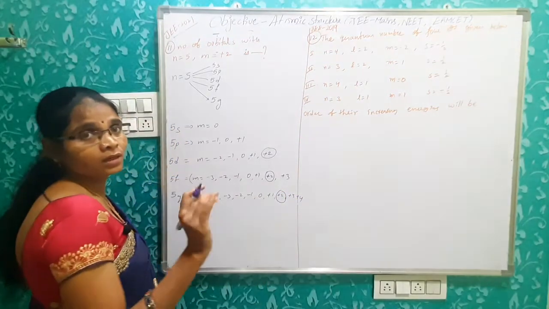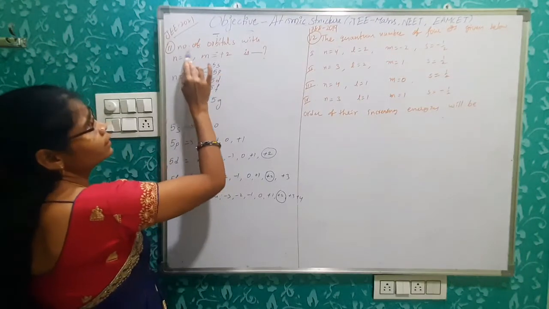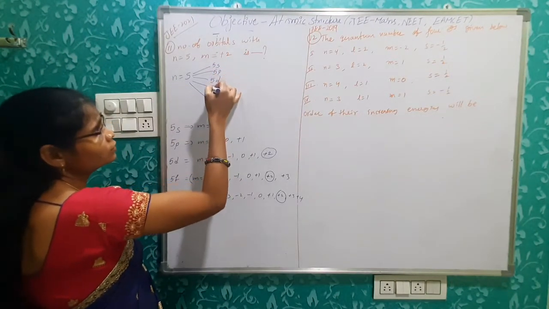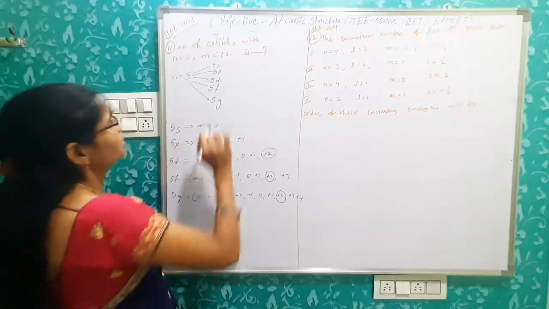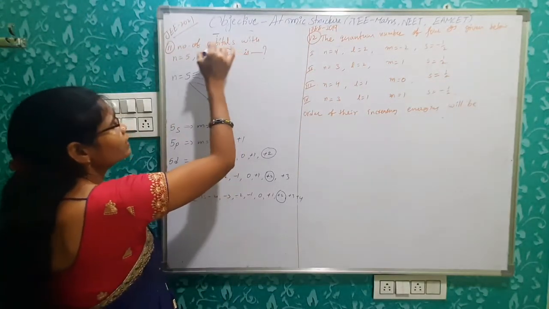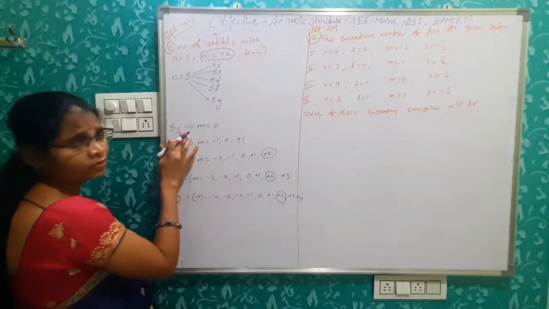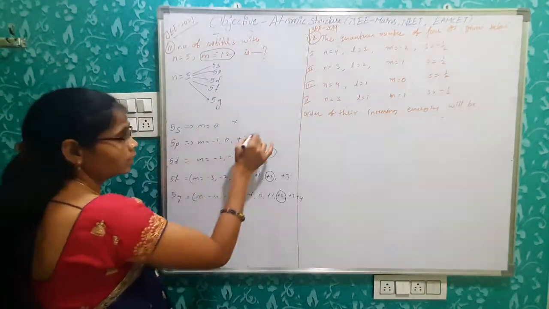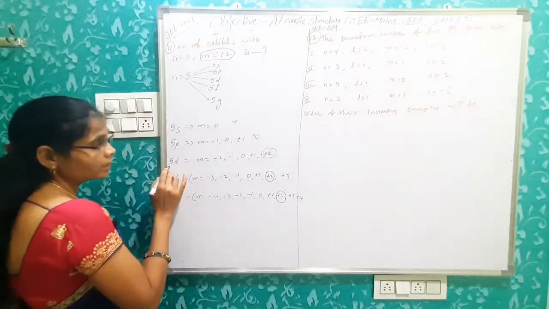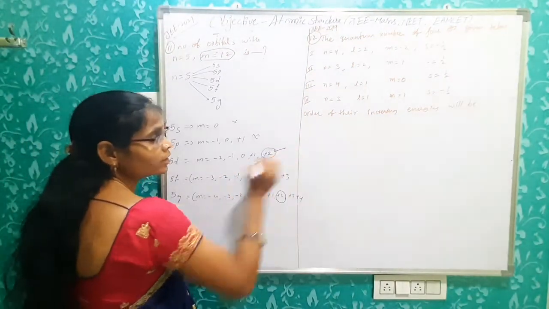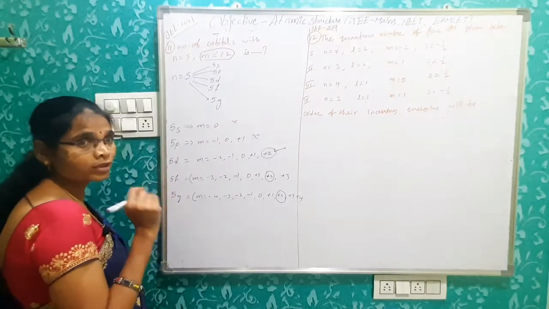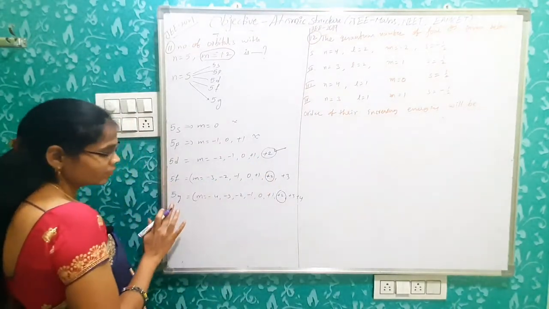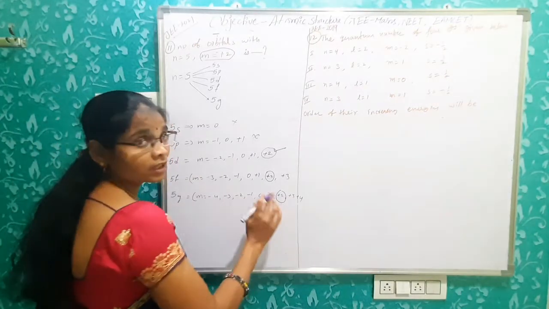Now listen. Number of orbitals with n equals 5 are 1, 2, 3, 4, 5 types, but especially m equals plus 2 only. For the s orbital there is no m equals plus 2, and for the p orbital also none. But the 5d orbital has 1 orbital with m equals plus 2, the 5f orbital has 1 orbital with plus 2, and the 5g orbital also has 1 orbital with plus 2.